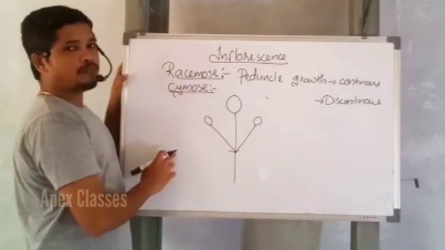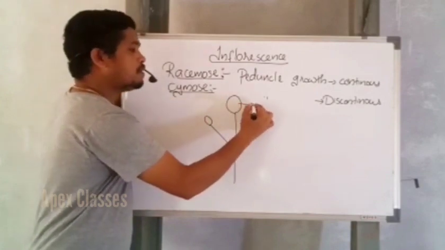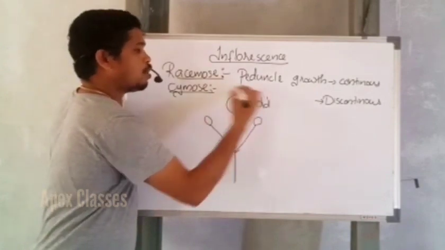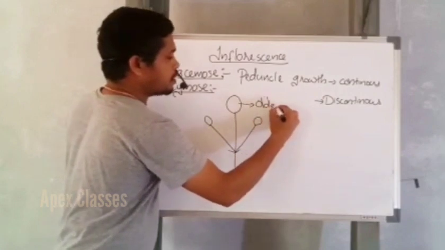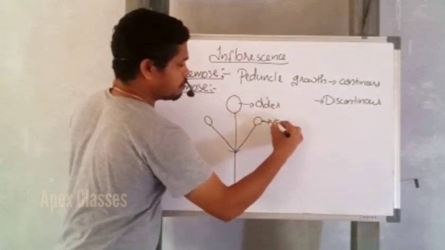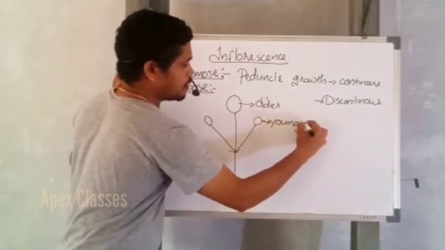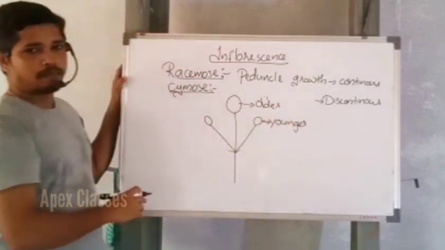In the case of cymose inflorescence, older flowers are arranged at the top and younger flowers at the base. In racemose, older flowers are at the base and younger flowers at the top. That type of arrangement is acropetal arrangement, acropetal succession. In cymose inflorescence, older flowers are at the top and younger flowers at the base.